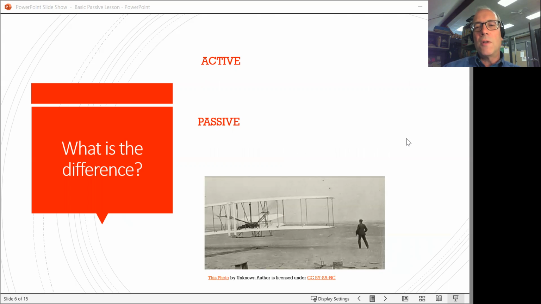Here's another one. We often use the active with inventions. The Wright brothers invented the airplane. We can see this is in the past tense, but it's still just a normal active sentence with the subject, verb, and an object. What about the passive?